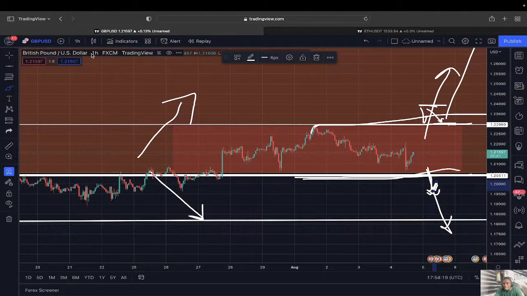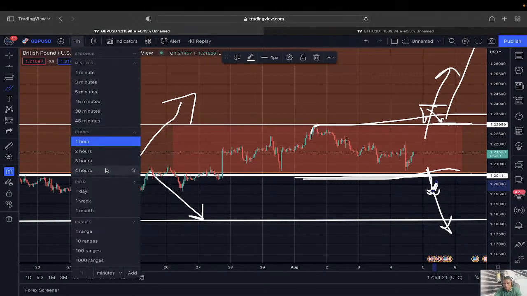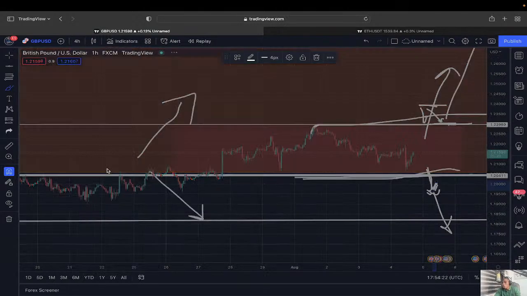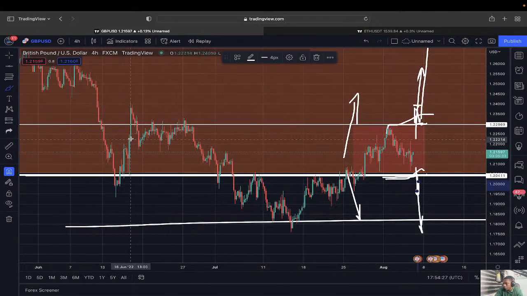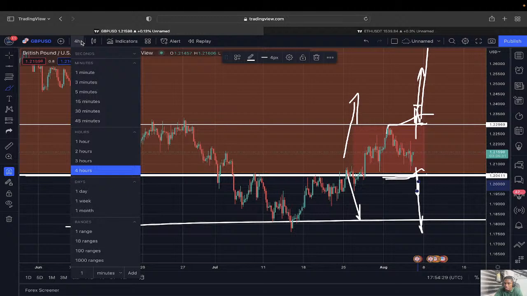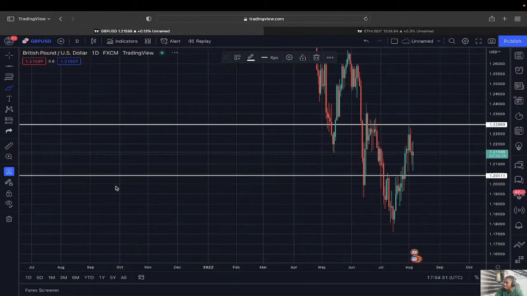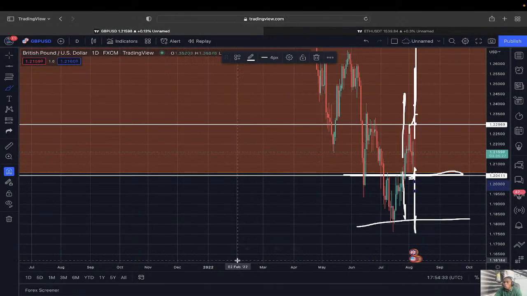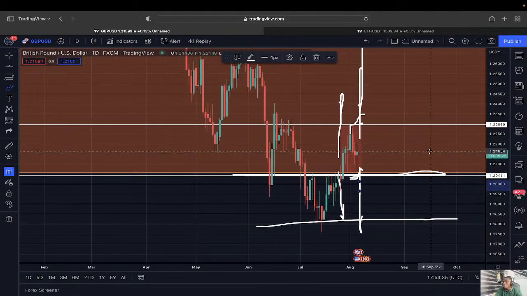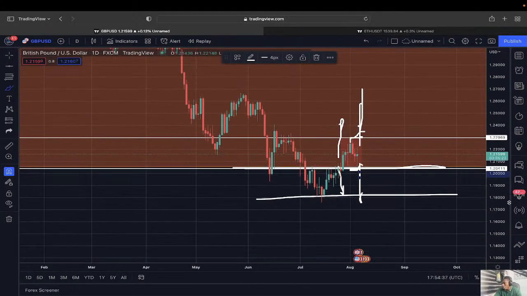Same with 4 hours. I'm going to the 4 hour candles now. You can see that 4 hours as well has its own chart, its own candlesticks. Then the daily has its own candlestick, because each candle on the daily time frame is formed in one day.